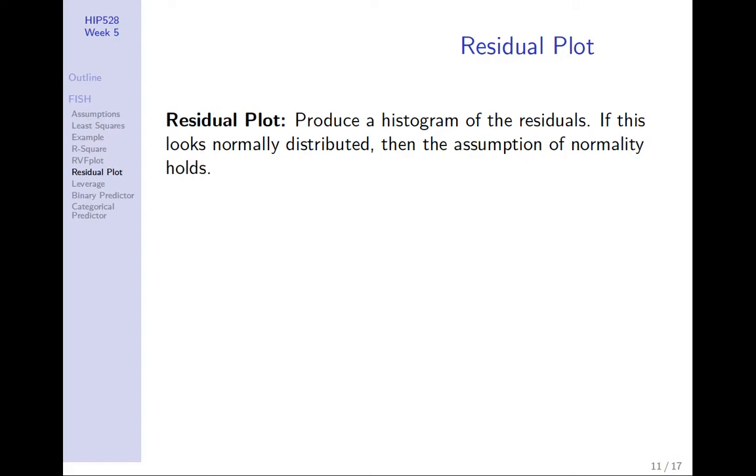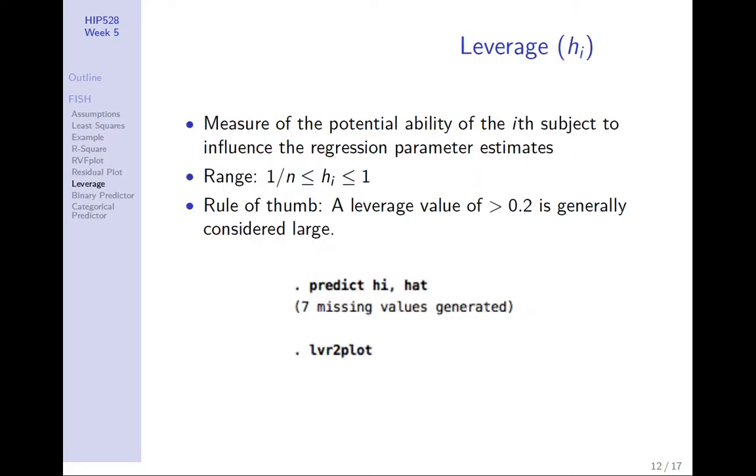So statisticians have developed statistics to identify influential points, and one of those statistics is called leverage. We're going to call it h sub i. We calculate this statistic, leverage, for every subject i.